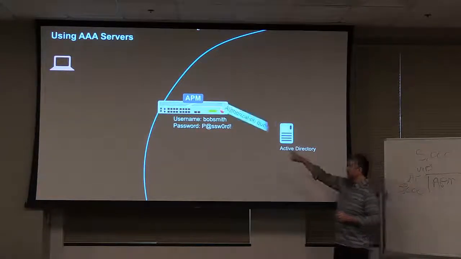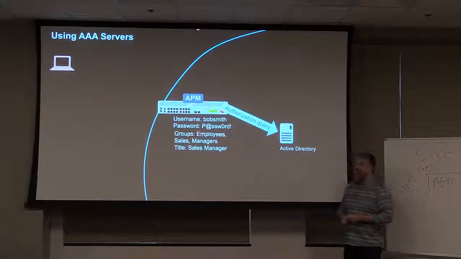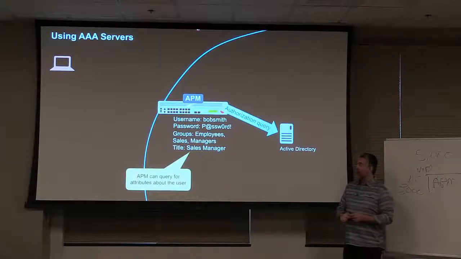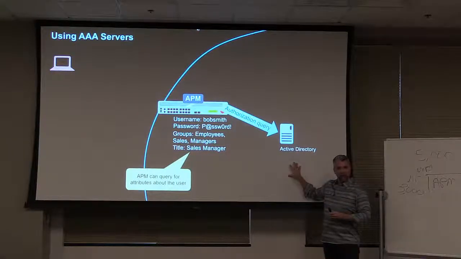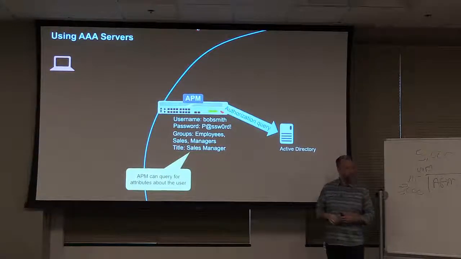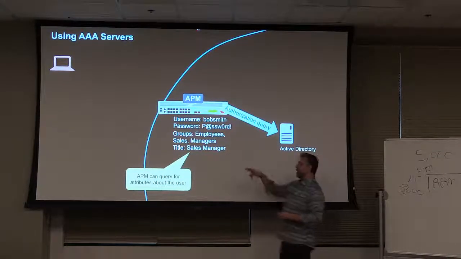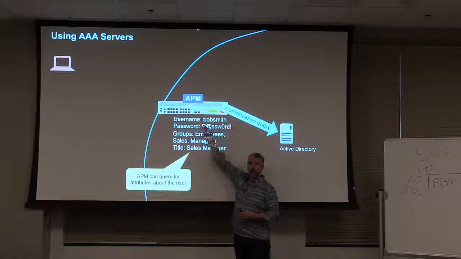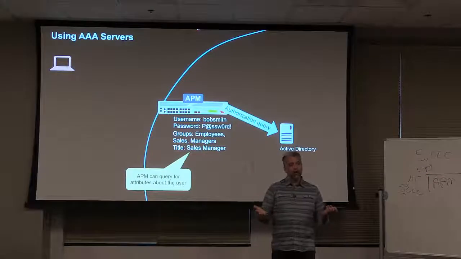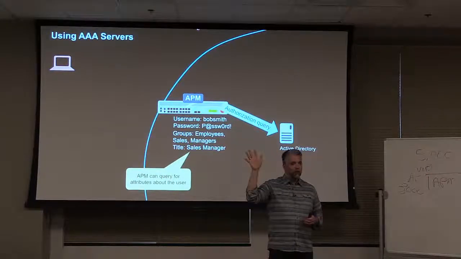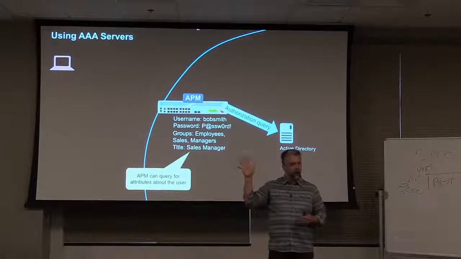Then we also can take that username and do an authorization query that we send to a server. In this case, we're sending it to the same server. It doesn't always have to be the same server, but in most cases it usually is. And all APM is saying is, tell me everything you know about this user. Have any of you ever been Active Directory administrators, adding user accounts into Active Directory?